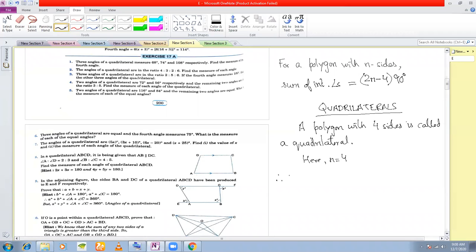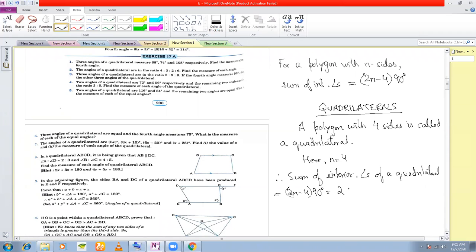So what is the sum of interior angles of a quadrilateral? Put n equal to 4 in the formula. I have already shown you this. Sum of interior angles of a quadrilateral is equal to (2n minus 4) into 90.